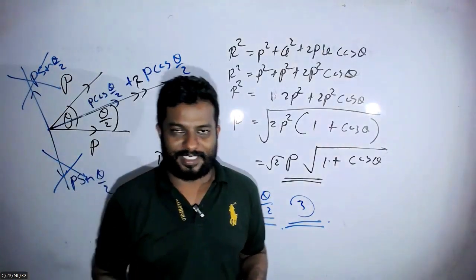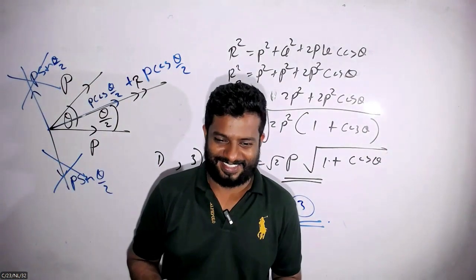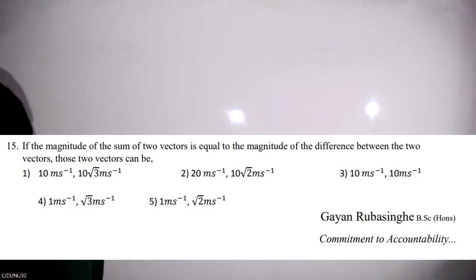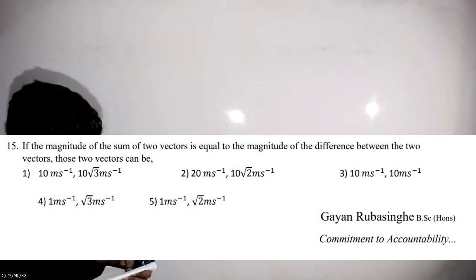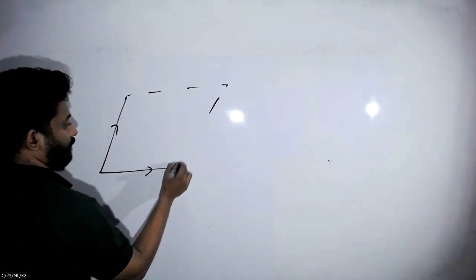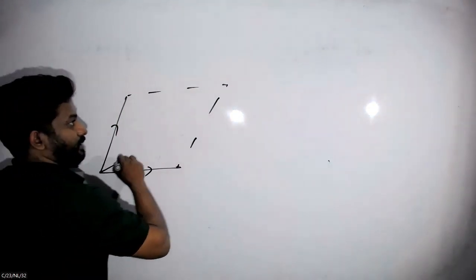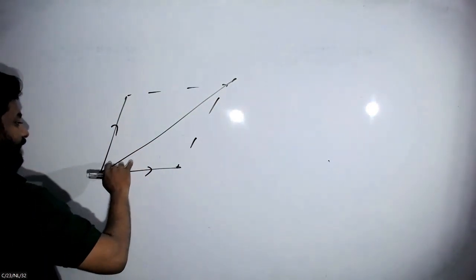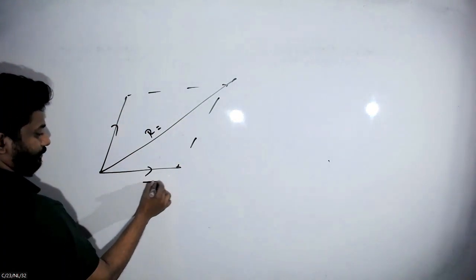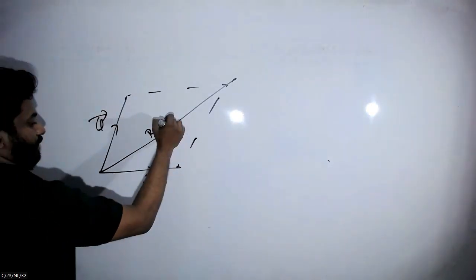Right, let's see the answer for the next question. If the magnitude of the sum of two vectors is equal to the magnitude of the difference between the two vectors, those two vectors can be... Let me explain. Do you remember, when you apply the parallelogram law to find the resultant of two vectors, the diagonal that passes through the common initial point represents the sum of the two vectors, right?